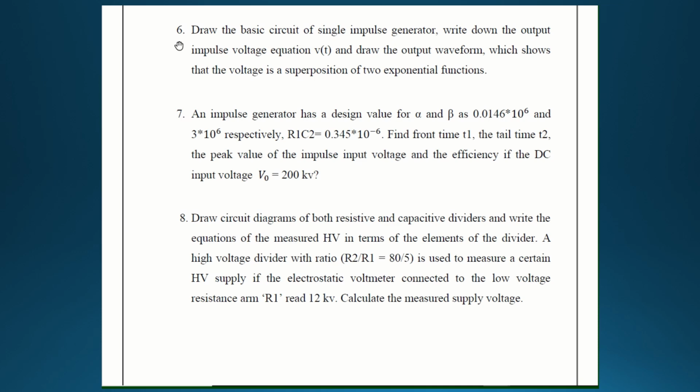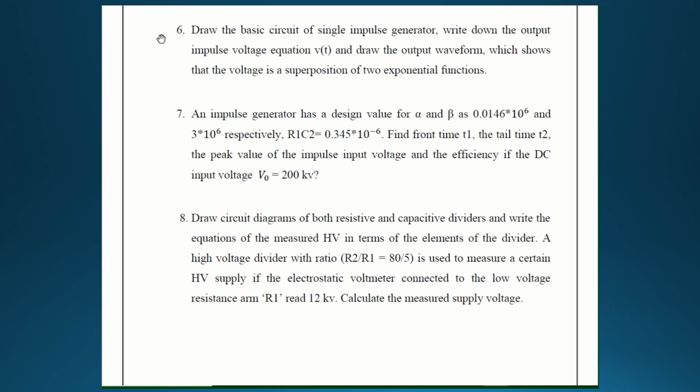I will start reading questions 6, 7 and 8 and solving them, and I will try my best to explain everything for you. So let's start with question 6.